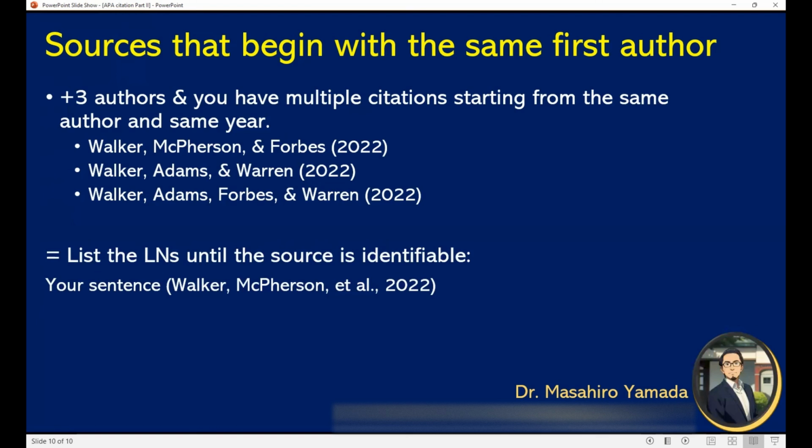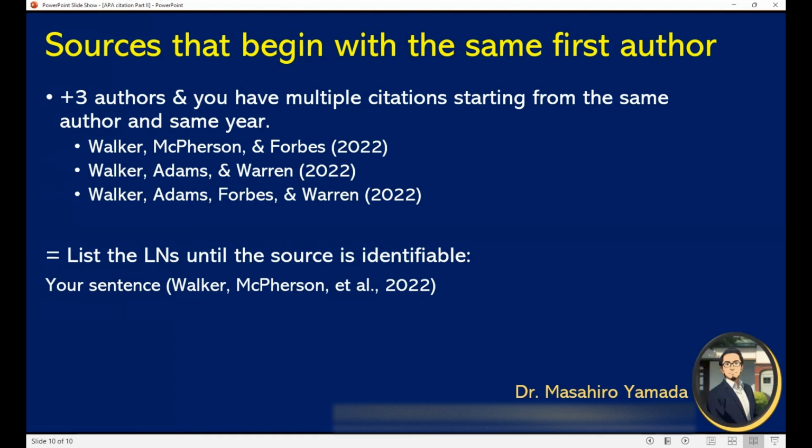If you want to identify the third one, you will have to write Walker, Adams, Forbes, et al. That way readers can identify that this is not the second source, this is the third source.